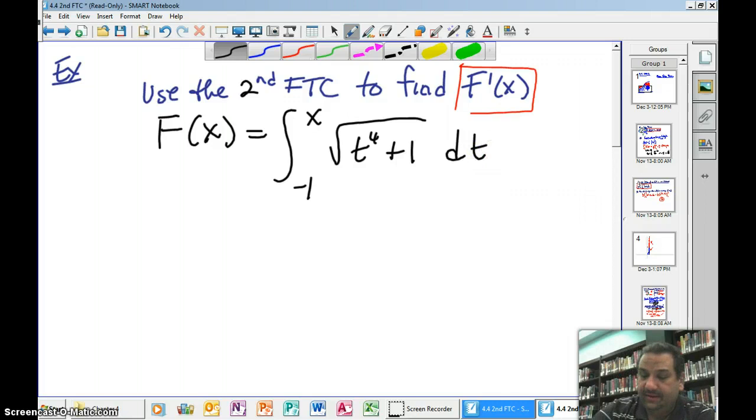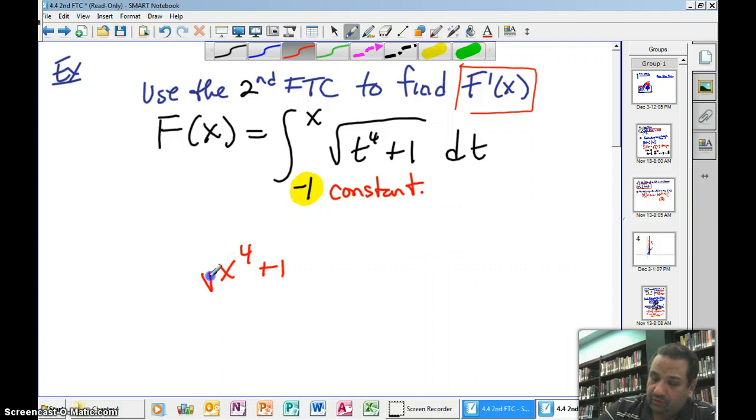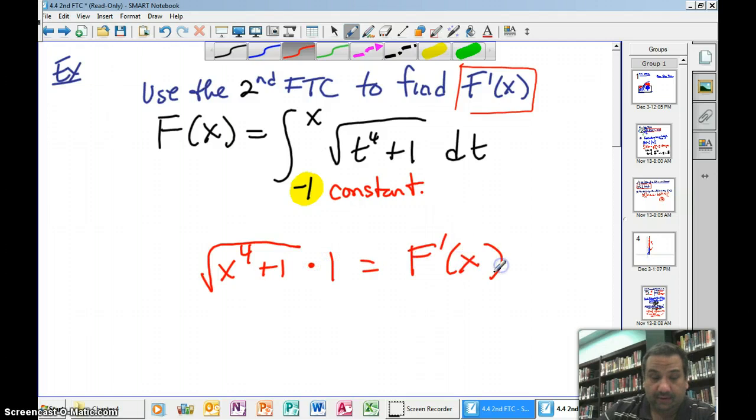Now, this bottom limit is a constant. Then we do the Marashio trick, which is the second fundamental theorem of calculus. You replace t with x in the square root of x to the fourth plus 1, times the derivative of x, which is just 1. Done. Let me show you where the derivative of the top limit is different than 1.